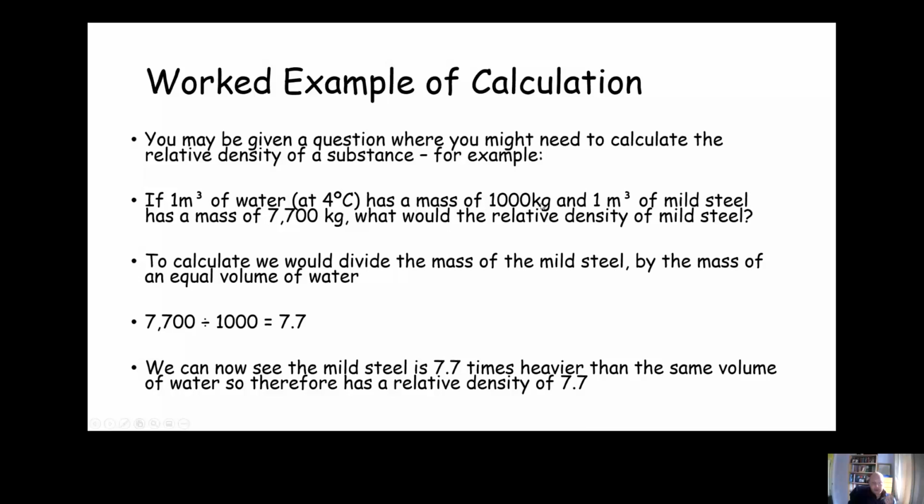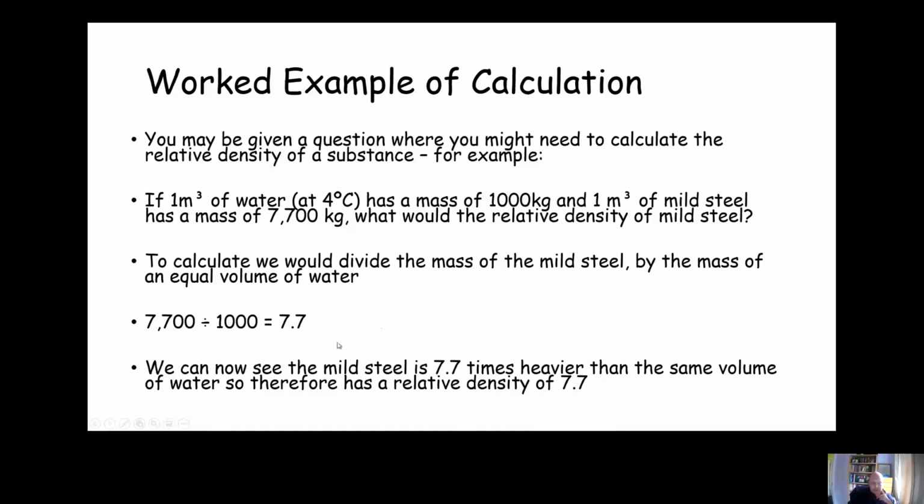We could then calculate the relative density of the mild steel, and to do that, we'd divide the mass of the mild steel by the mass of an equal volume of water, which gives us a relative density of 7.7. So we've got equal volumes here, 1 meter cubed and 1 meter cubed. We take the mass of one, divide it by the other, and that gives us the relative density.